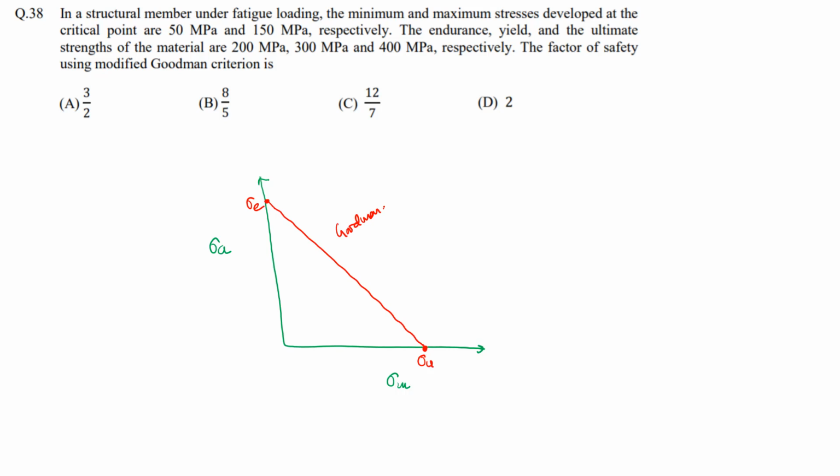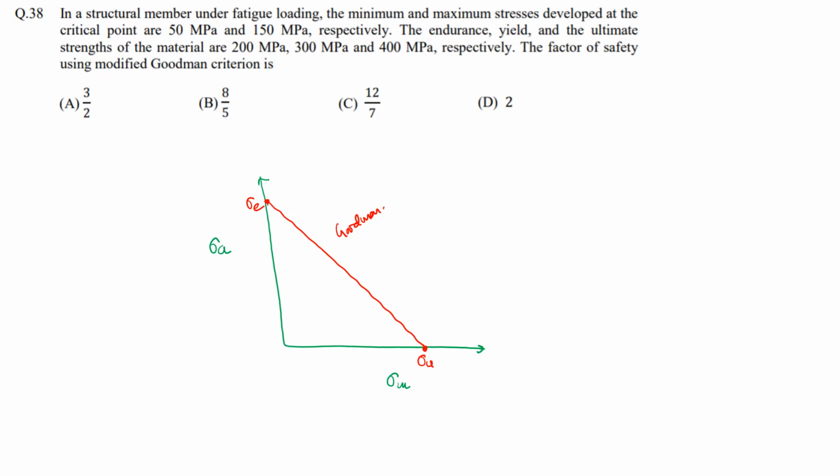Now here the factor of safety is considered 1. That means the stress of application is up to the endurance limit and the ultimate tensile strength. Now suppose we introduce some factor of safety to be more safe, as a designer may use.